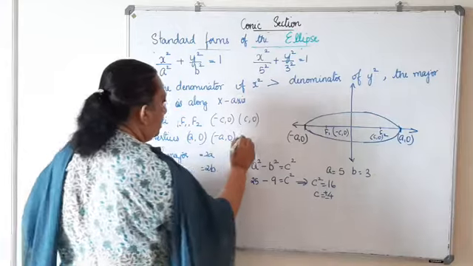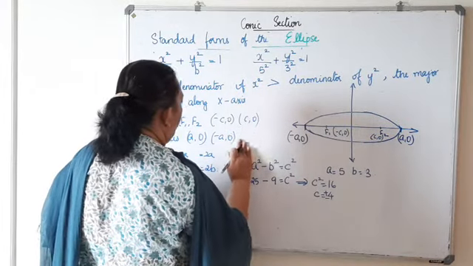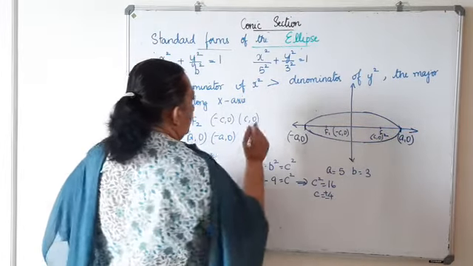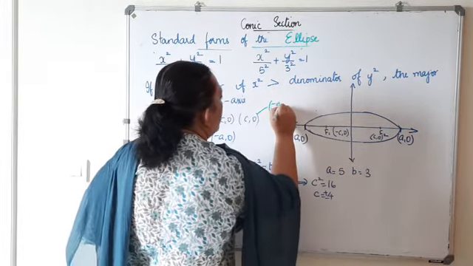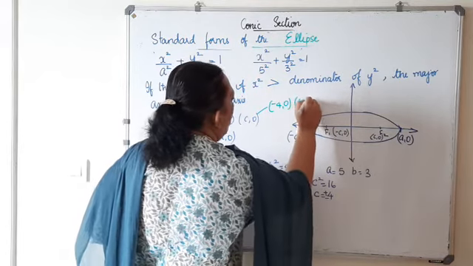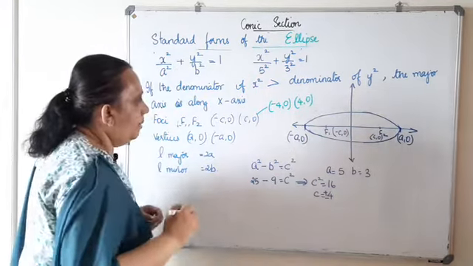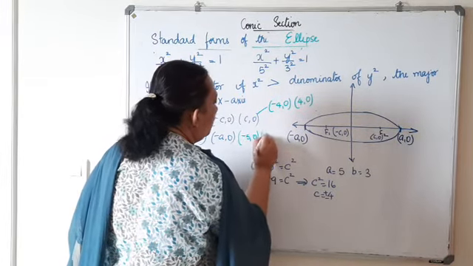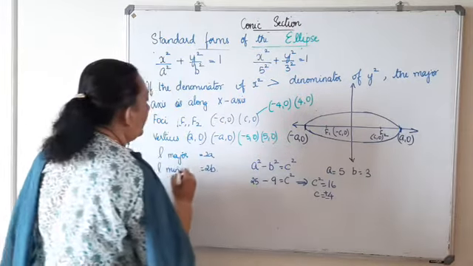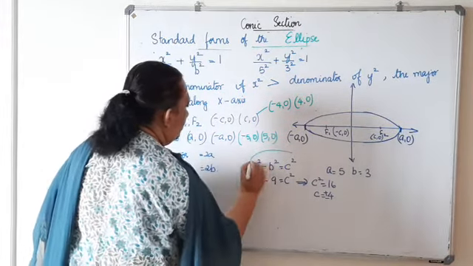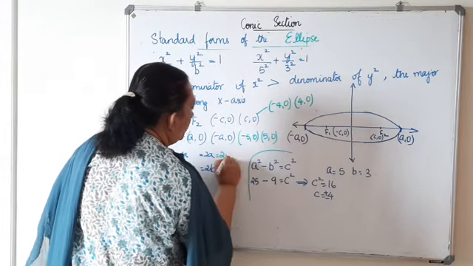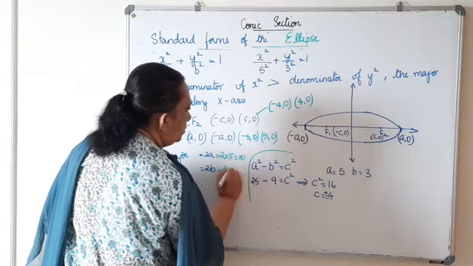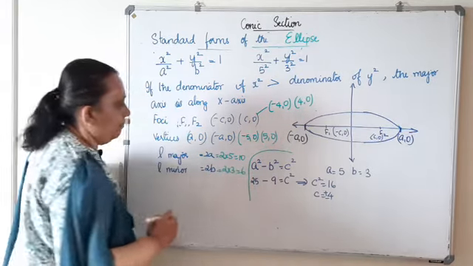So the foci are minus 4 comma 0 and 4 comma 0. The vertices are minus 5 comma 0 and 5 comma 0. The length of the major axis is 2a, that is 2 into 5, which is equal to 10. The length of the minor axis is 2 into 3, which is equal to 6.